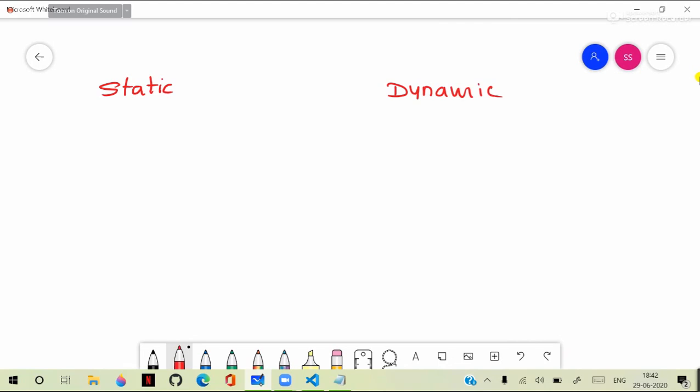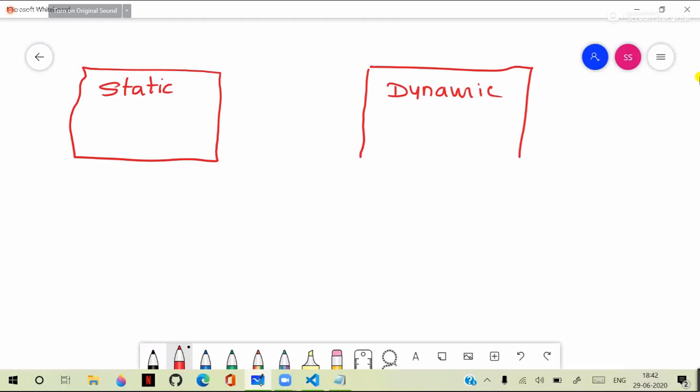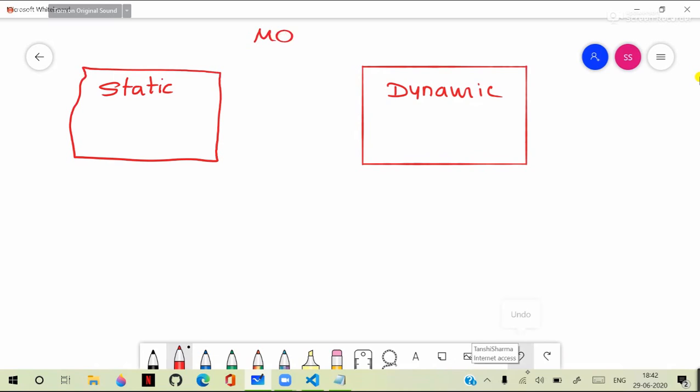Actually, these terms are related to memory.